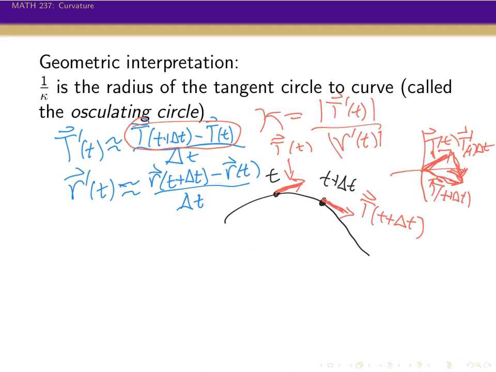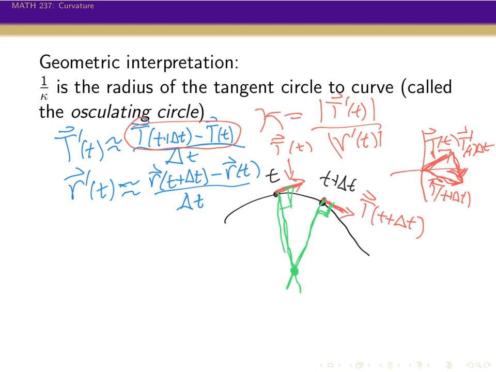Now these are both tangential to the curve at those two points. If I drew along the normal vector at each of those points, so the normal vector is perpendicular, those two are going to cross each other at this point.